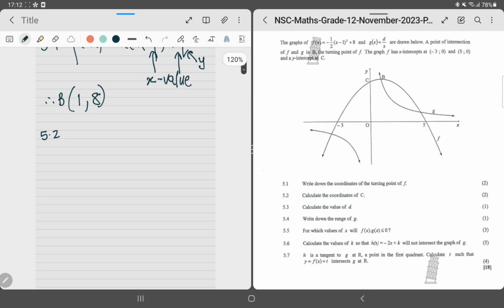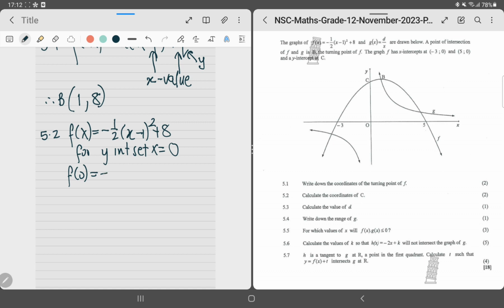5.2. Calculate the coordinates of C. They told us that C is the y-intercept of f. So f of x is equal to -1/2 (x minus 1) squared plus 8. For the y-intercept, set x equal to 0.